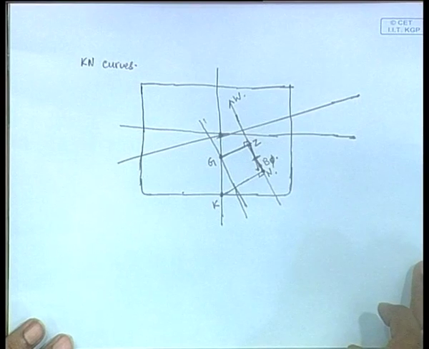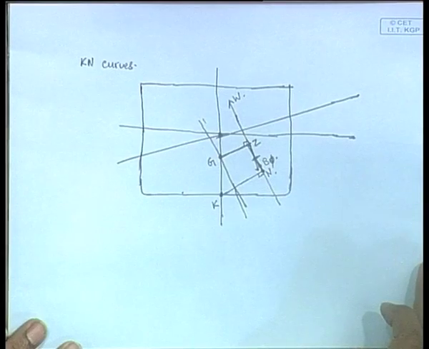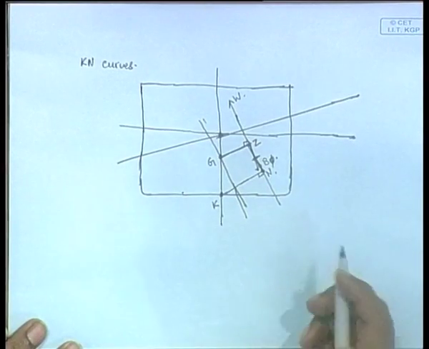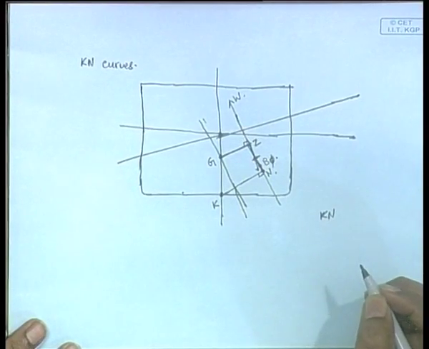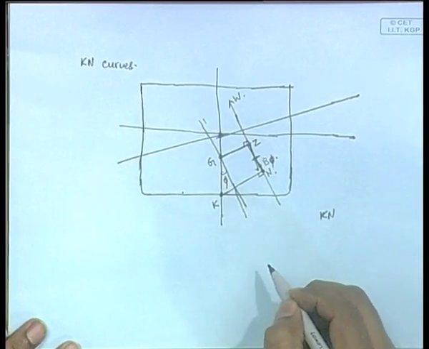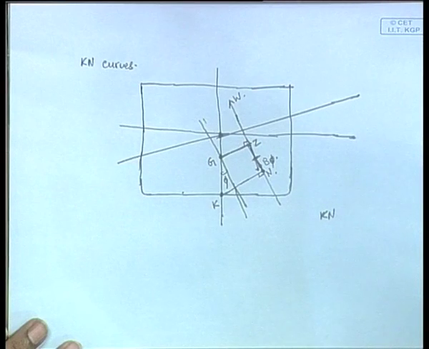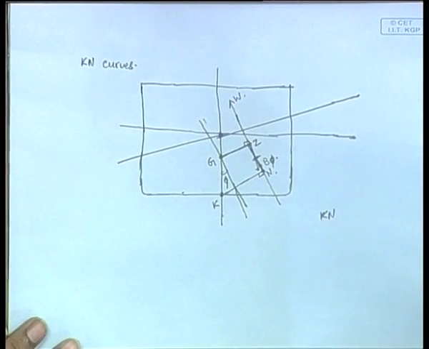This K n, which is drawn as a perpendicular to this vertical at b phi, is what we are calling K n here. As phi keeps changing, you know that b phi will keep going upwards, and similarly the n will keep going outwards.